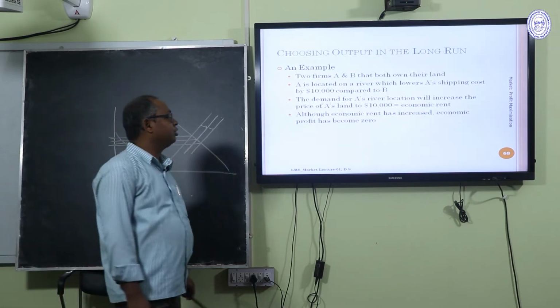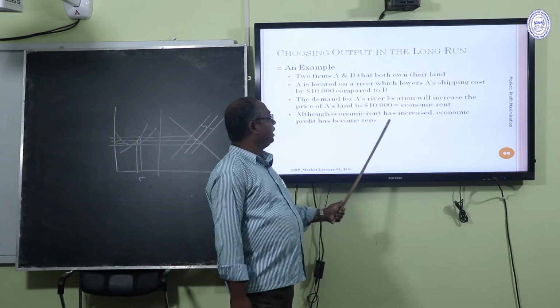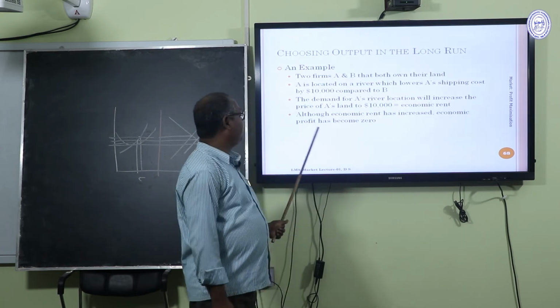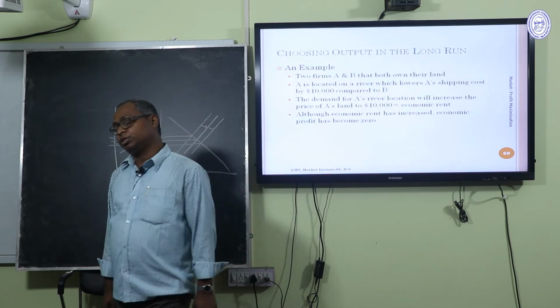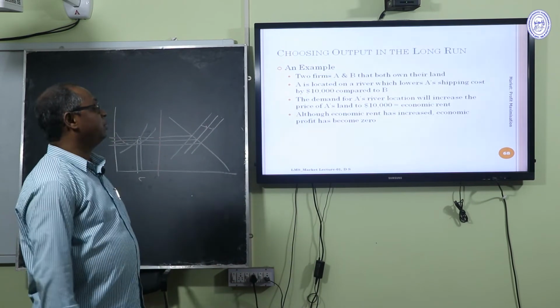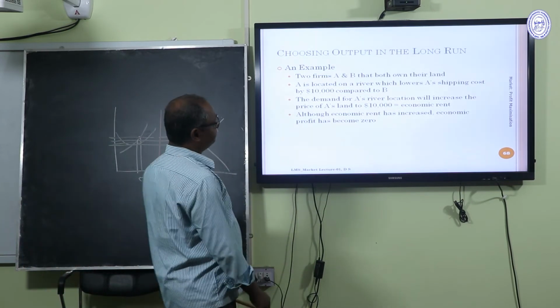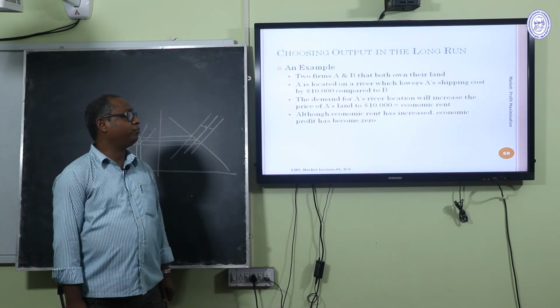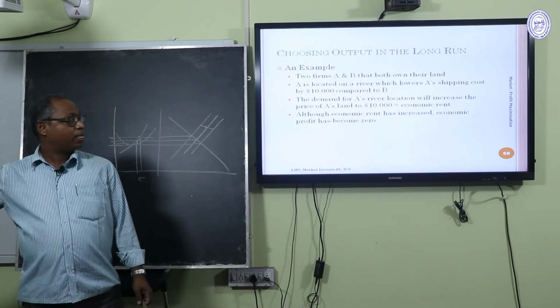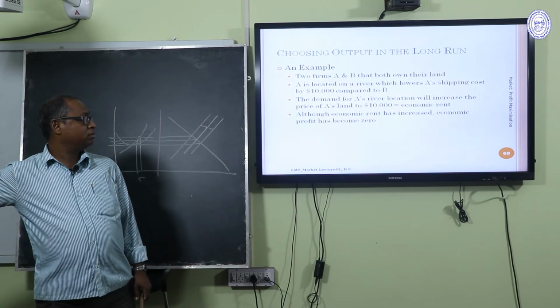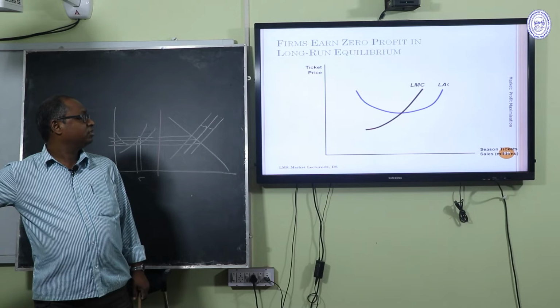One thing is more important, the last one: although the economic rent has increased, economic profit has become zero. So you can have a situation where there is no economic profit but economic rent.